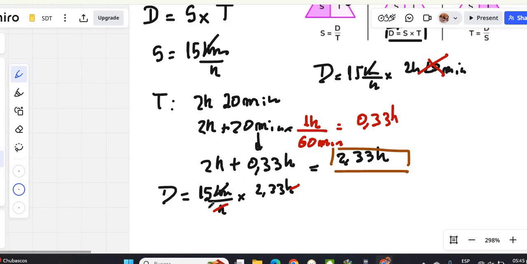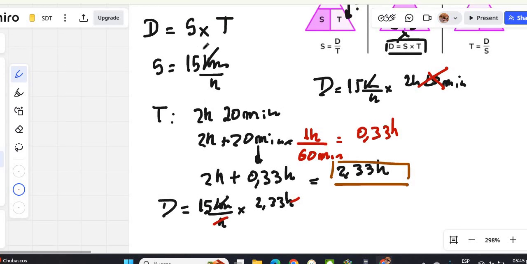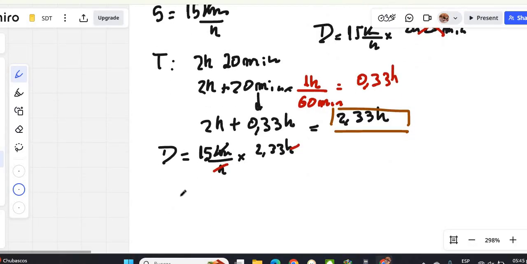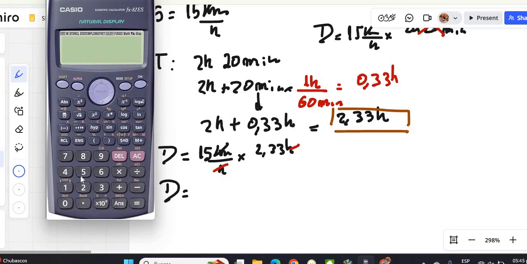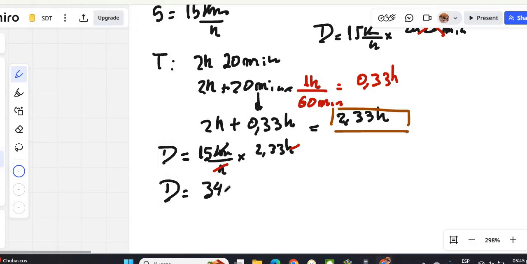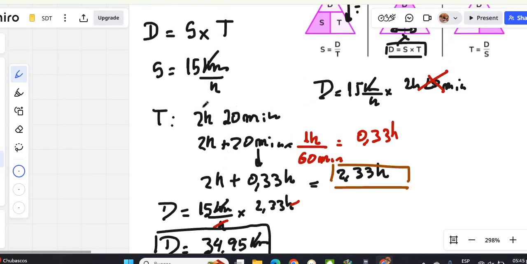That's the final unit, and it makes sense because distance is measured in kilometers, meters, and centimeters, okay? Since the speed is given in kilometers, the distance will be 15 multiplied by 2.33. This is 34.95 kilometers, okay? And this is the final answer. This is the distance traveled in 2 hours, 20 minutes.